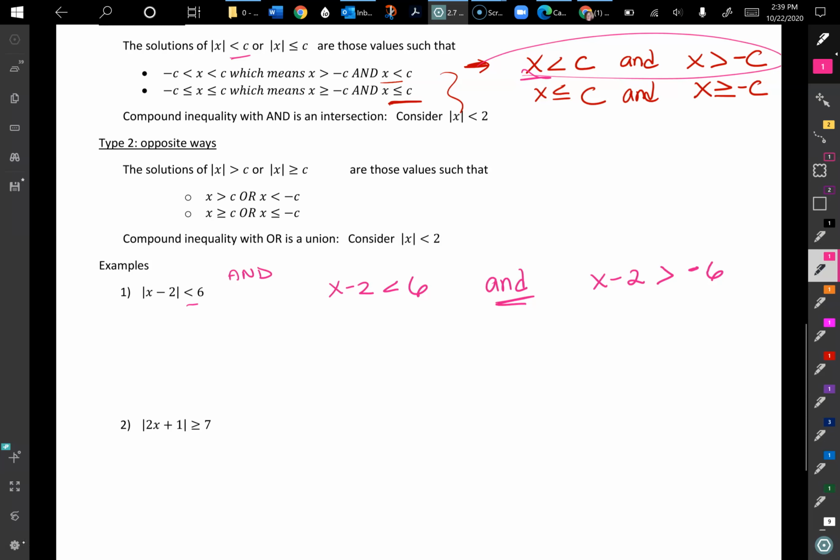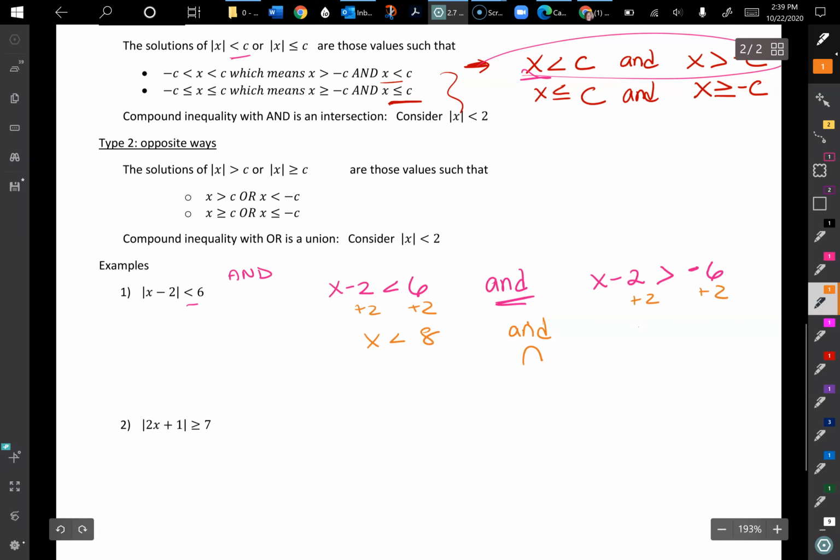Anytime we switch sides or change the sign of something by multiplying or dividing, we need to reverse the inequality symbol. So now we're just going to go ahead and solve this out. We would have x is less than 8, and, or intersect, you could use that symbol, x is greater than negative 4.